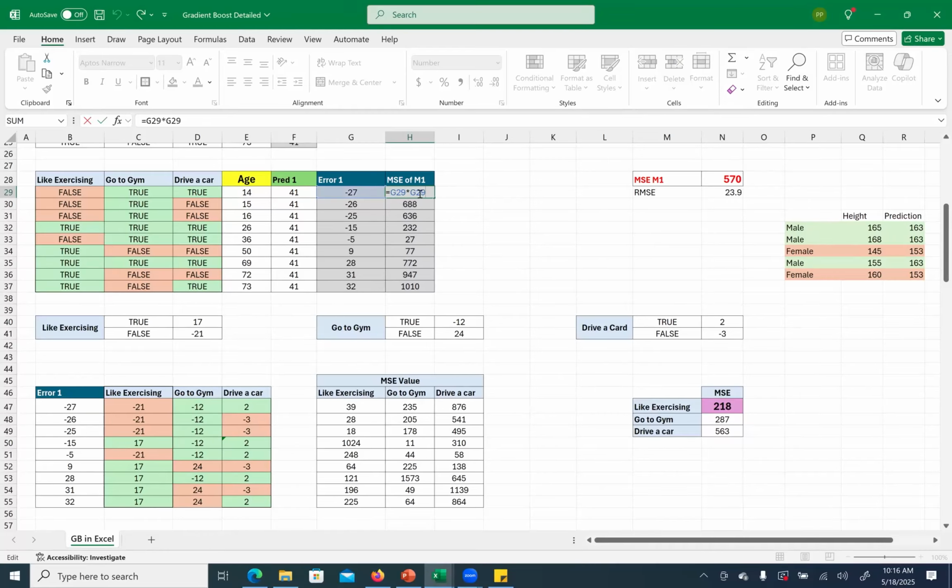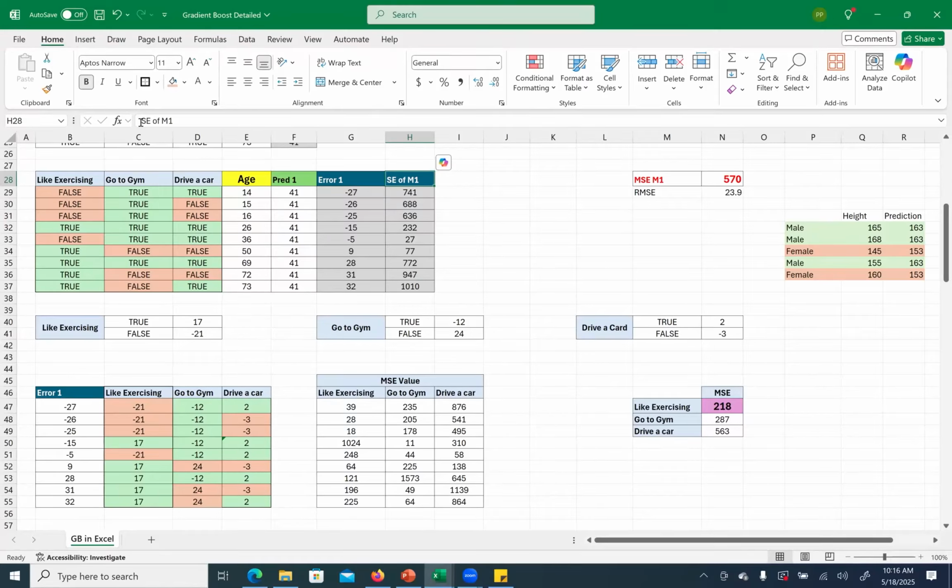The names are confusing, sir. MSC of M1, MSC M1. Can you please rename those column names? Okay, 28th row. Yeah, let's call it square error.